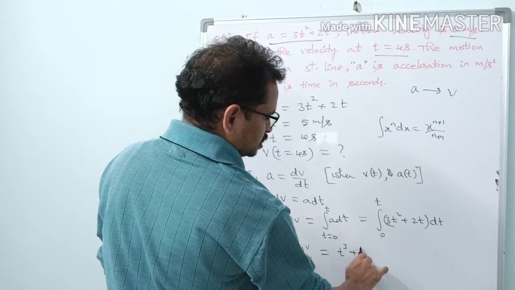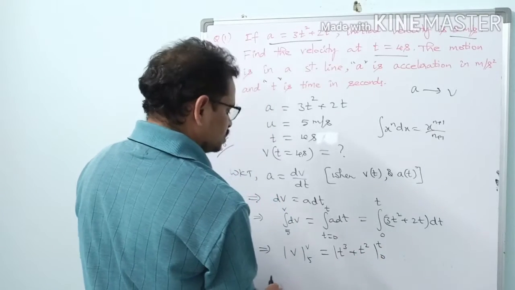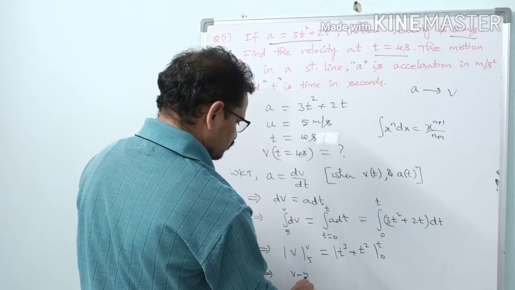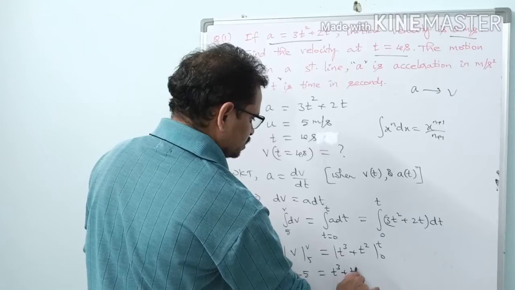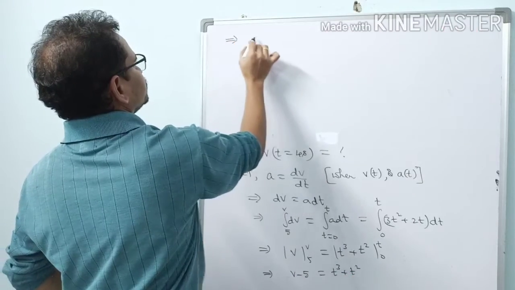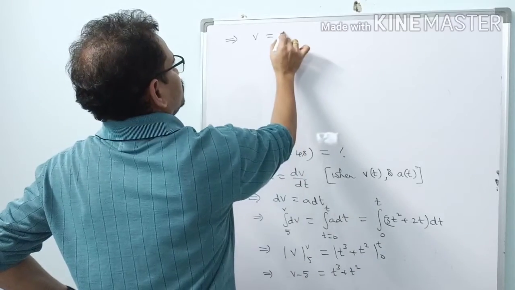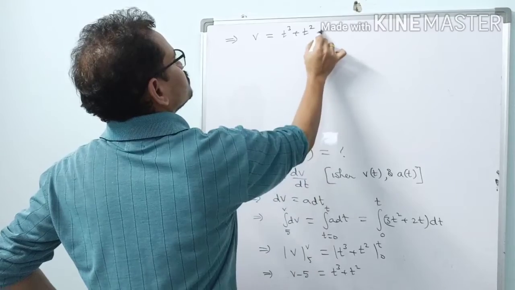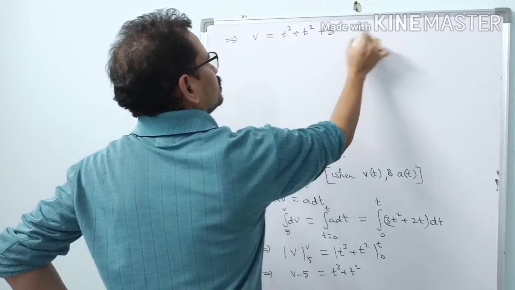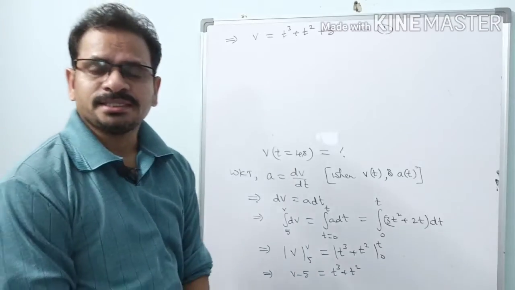What are the limits here? 0 to t. So this implies v minus 5 equal to t cube plus t square. Sending the minus 5 to the other side, v equal to t cube plus t square plus 5. Okay, so this is the expression for instantaneous velocity.